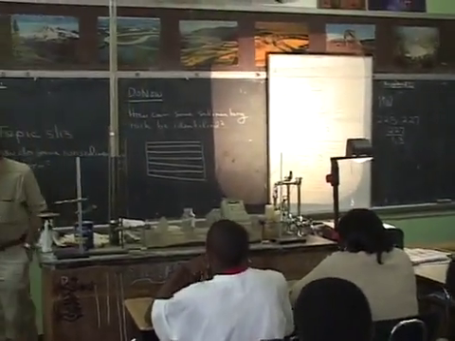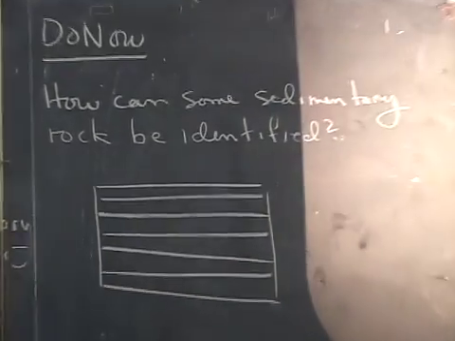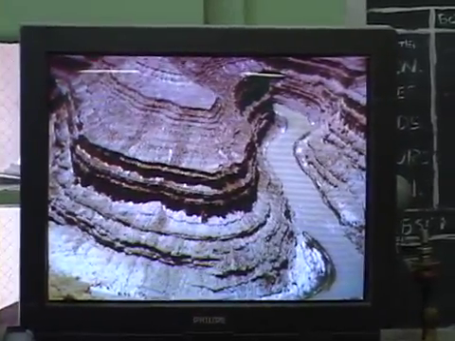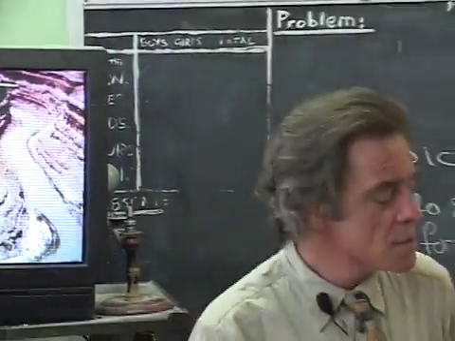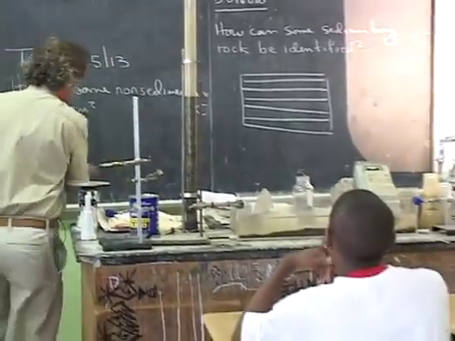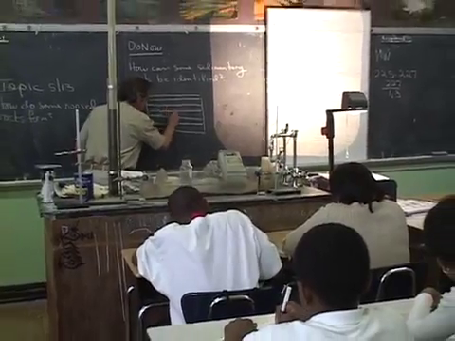Now, why do you suppose you can see the layers here? Because if this river wasn't here, you wouldn't see the layers. What did the river do to the rock? At least the sedimentary rock. What's happening here, Courtney? They have different kinds of man-made strata. That's a good word. Another word for layers is strata.